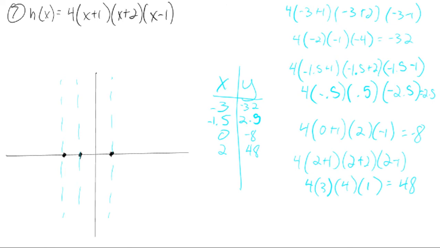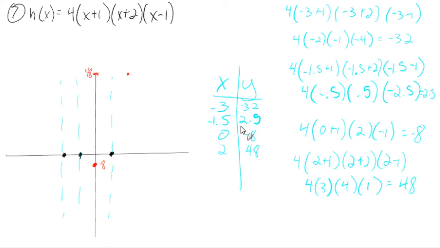So, like we did before, we'll just put a mark up here way at the top and say it's 48 and scale everything as appropriate. So 2 comma 48, 0 comma negative 8. Let's say negative 8 is kind of there.